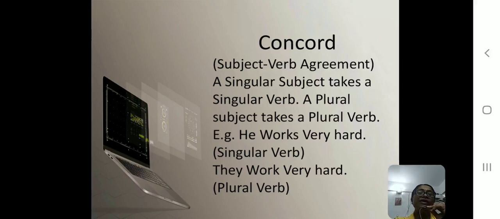The next example is they work very hard. They is a plural subject, and the verb which we have taken, work, is also a plural verb. So Concord deals with what verb we should use with the subject.